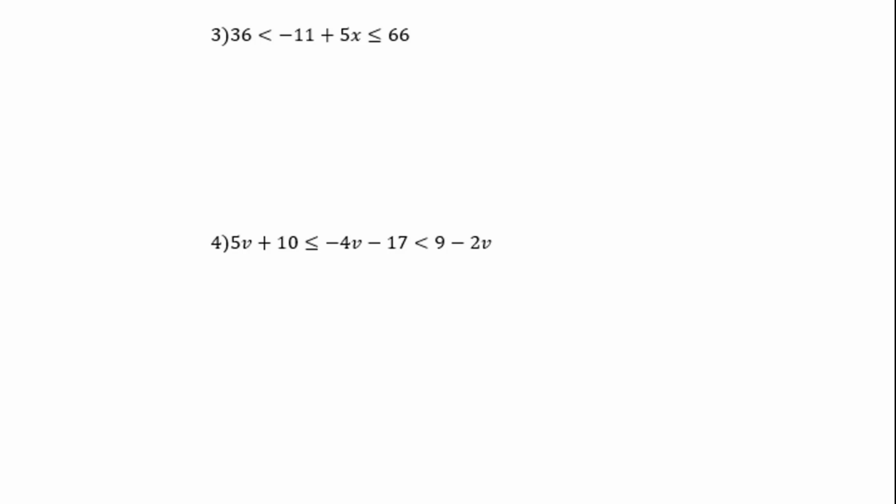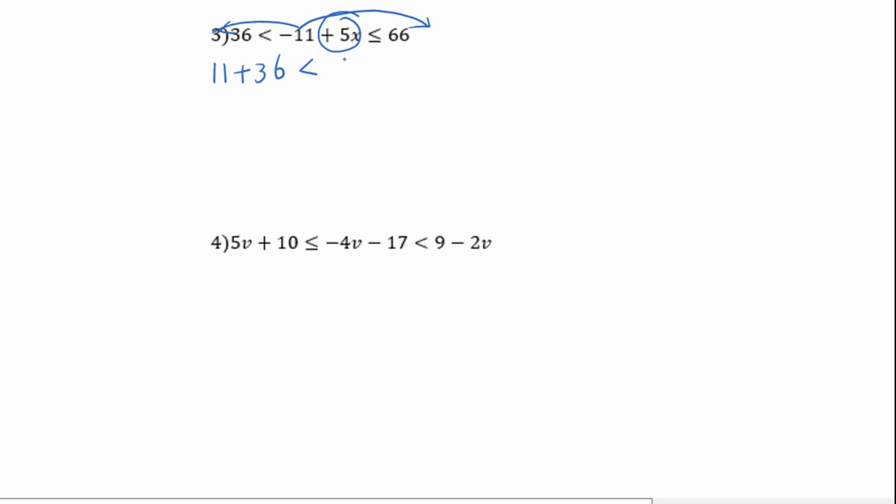This is a compound inequality. We only have a variable in the middle. We can isolate this variable in the middle. So we add 11. You will get 11 plus 36 less than 5x less than or equal to 66 plus 11.